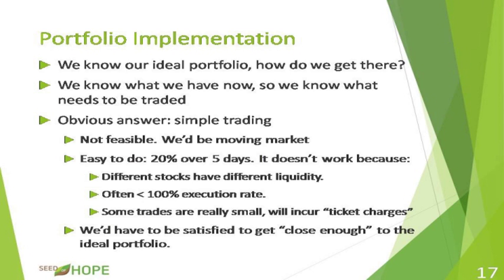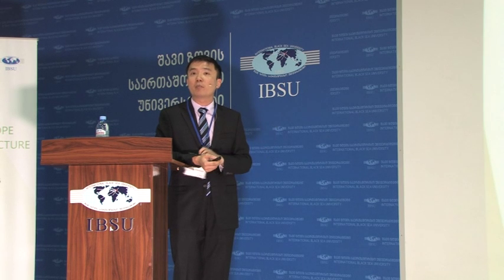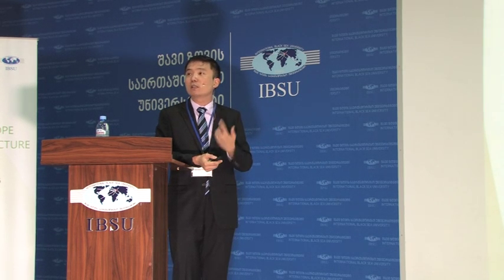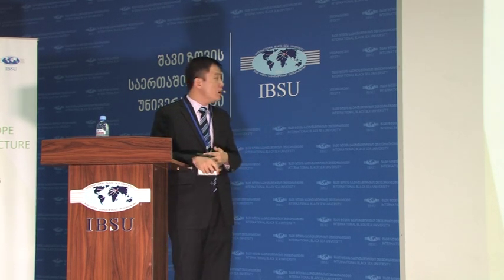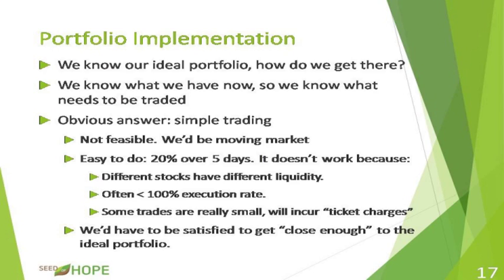And often there's less than 100% execution rate. As I said, just because you send that order to the market does not mean someone is going to sell you that stock. So maybe we don't know if we can get to our ideal portfolio perfectly. Some trades are also really small, so there are a lot of ticket charges.